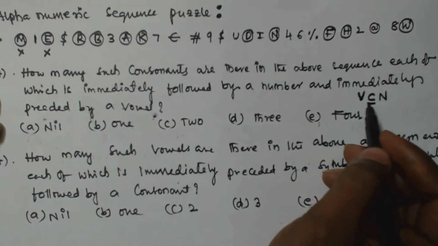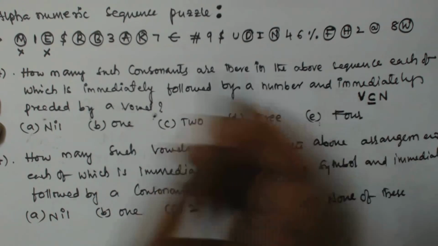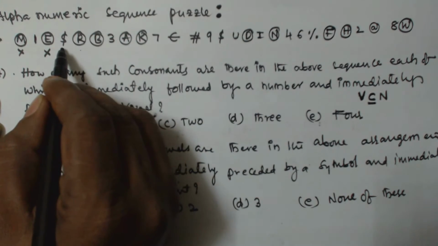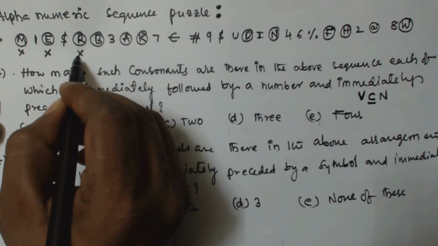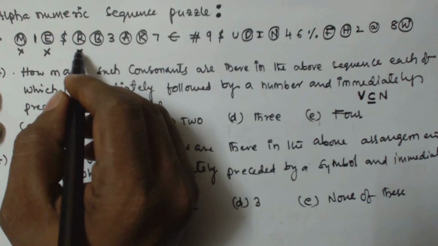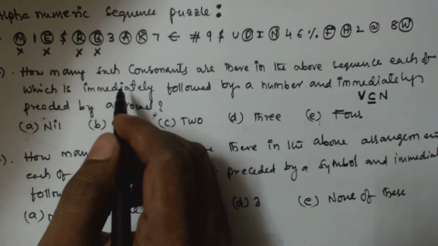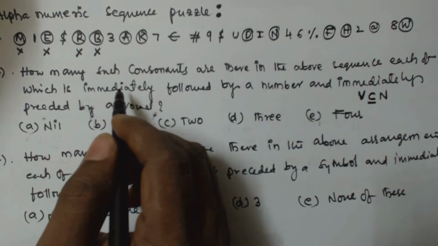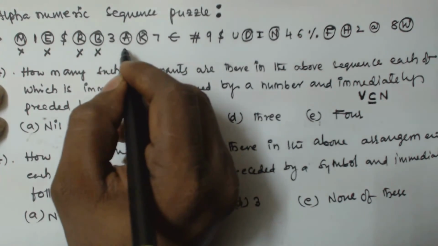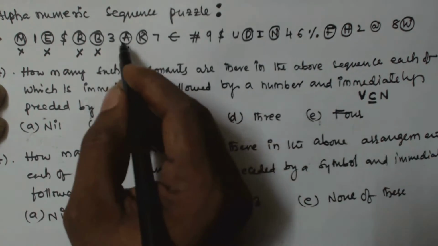And here I have B, which is a consonant, and it is preceded by R, which is also a consonant, not a vowel, so I do not consider this one either. And the next one is A. Sorry, A is also a vowel, so I wrongly selected that one. Actually, we have to select only consonants, so I do not consider this one also.